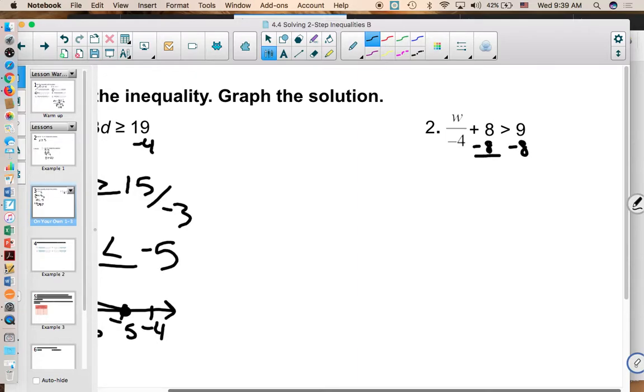Subtract 8 from both sides. Multiply by -4.